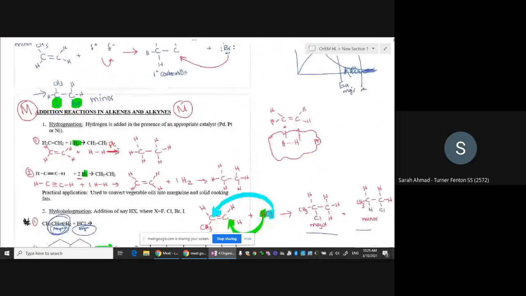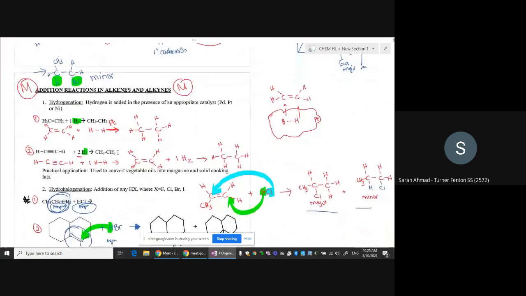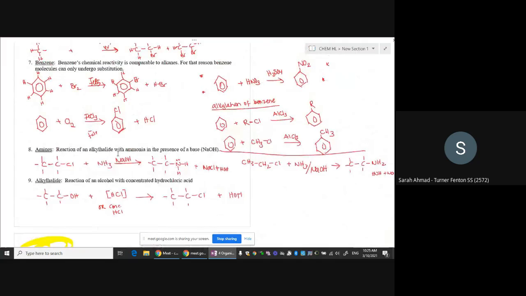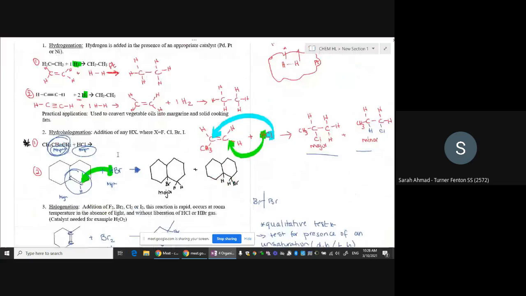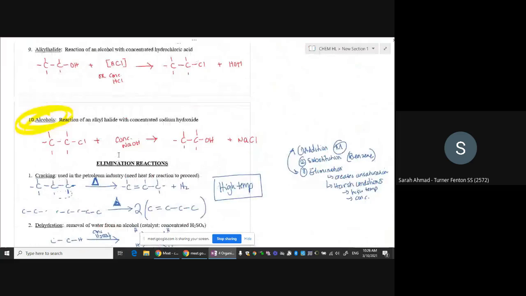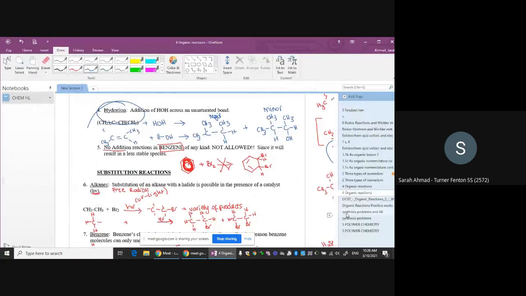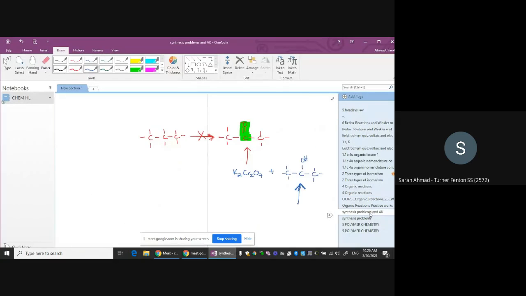I want you to look at hydration reactions and double bonds. And of course, it won't let me. So one way of making an alcohol is through taking a haloalkane and reacting with sodium hydroxide to substitute it. The second way is taking an alkene and adding water to it. So really, I have two ways of getting to the alcohol part, and I'll show you both ways, don't worry.